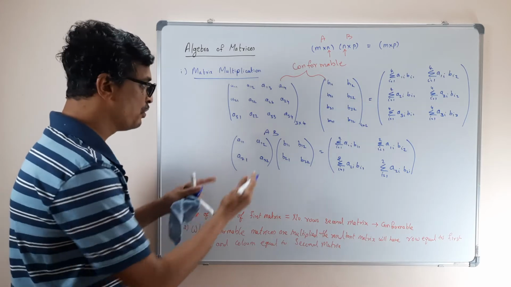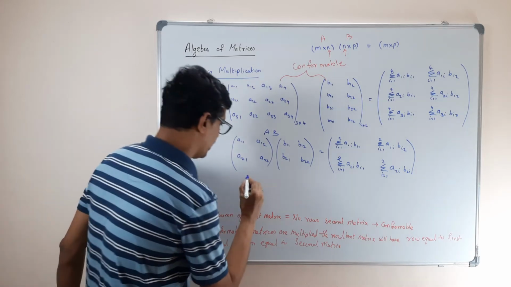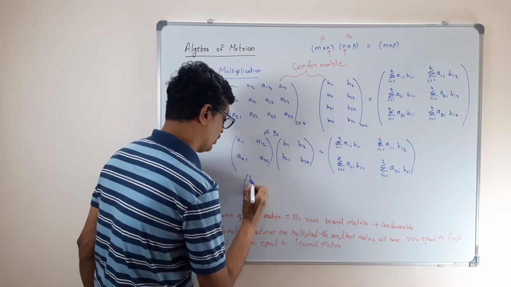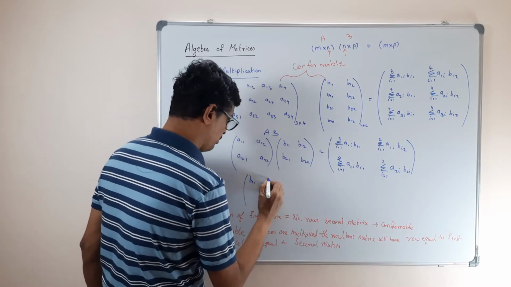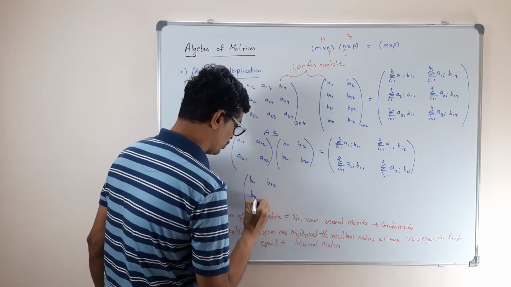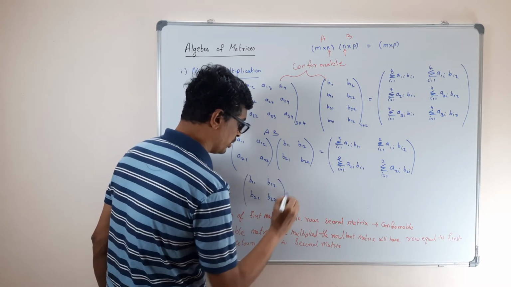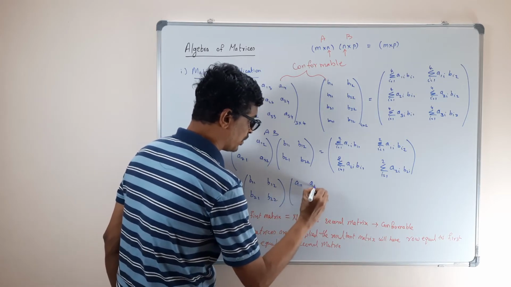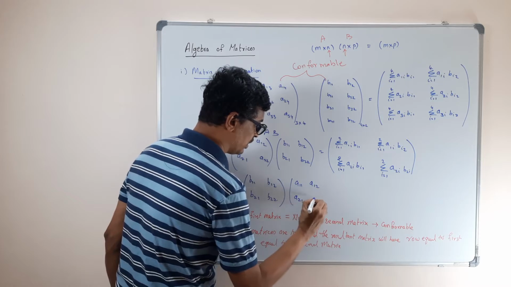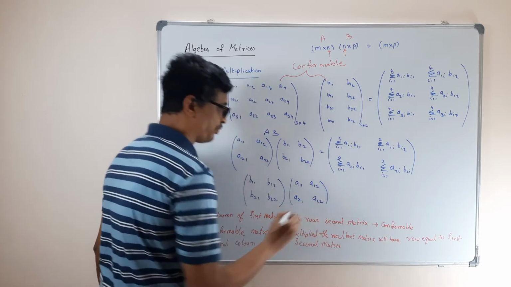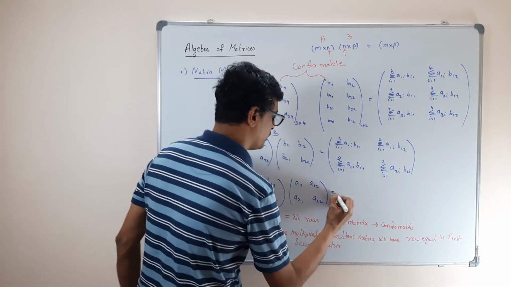So now let us invert the problem. What I am going to do is B into A. Tell me, B11, B12, B21, B22 into A11, A12, A21 and A22. Tell me what it will be.